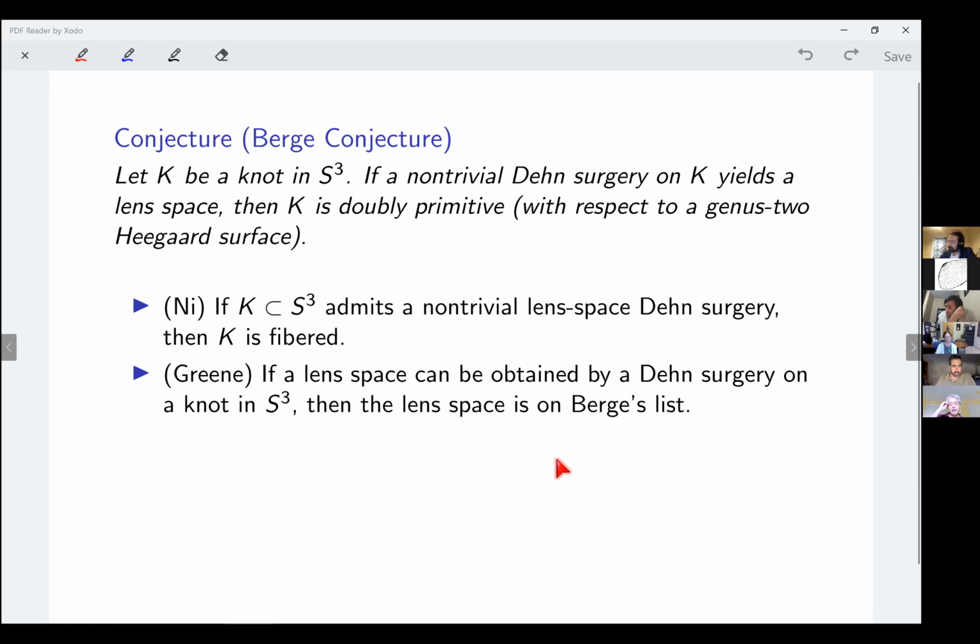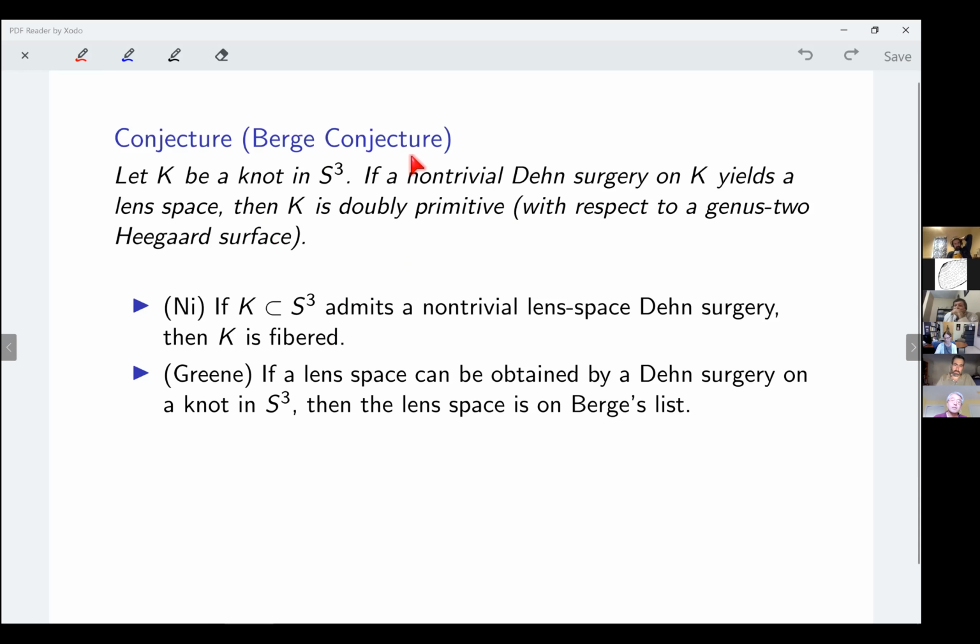So the most recent progress on this conjecture came from Heegaard Floer homology. For example, Ni proved that if you have a knot in S3 that gives you a lens space after Dehn surgery, then this knot is always fibered.